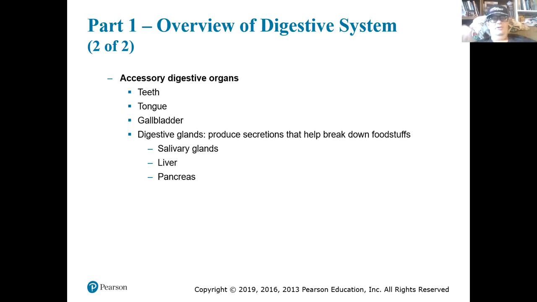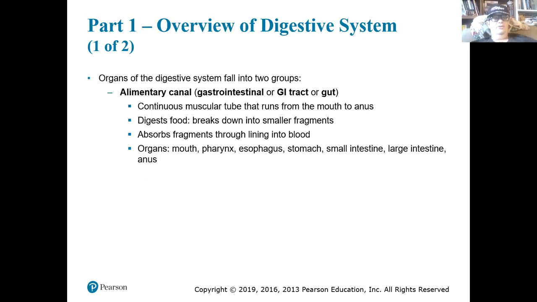It's really important that you know here that when we go through the list of organs in the tube, a lot of people think of the stomach as the main digestive organ. It's not. It's the small intestine. The stomach is a place that we start the digestion of protein. It's a place that serves as kind of a storage vat, a mixing chamber, where you mix food and enzymes together, but it is not the main organ of digestion.